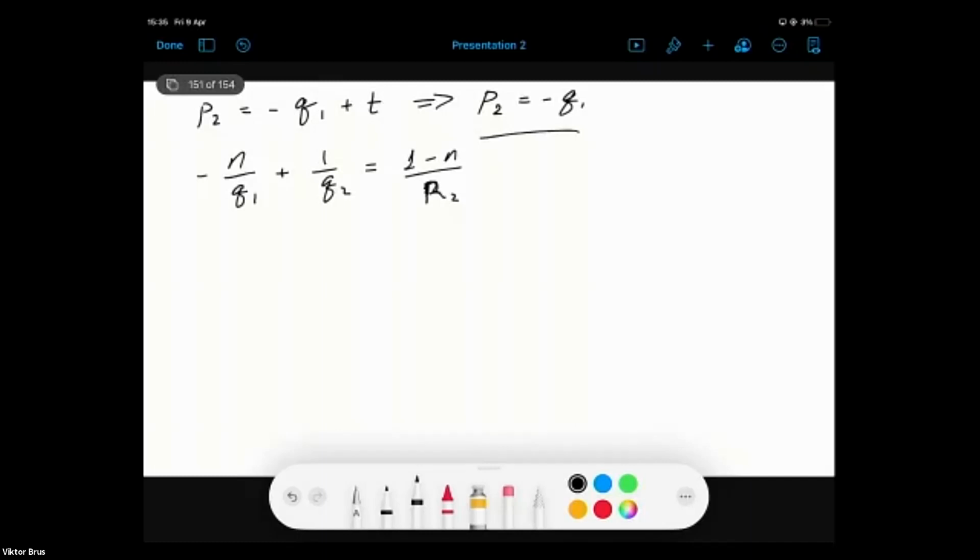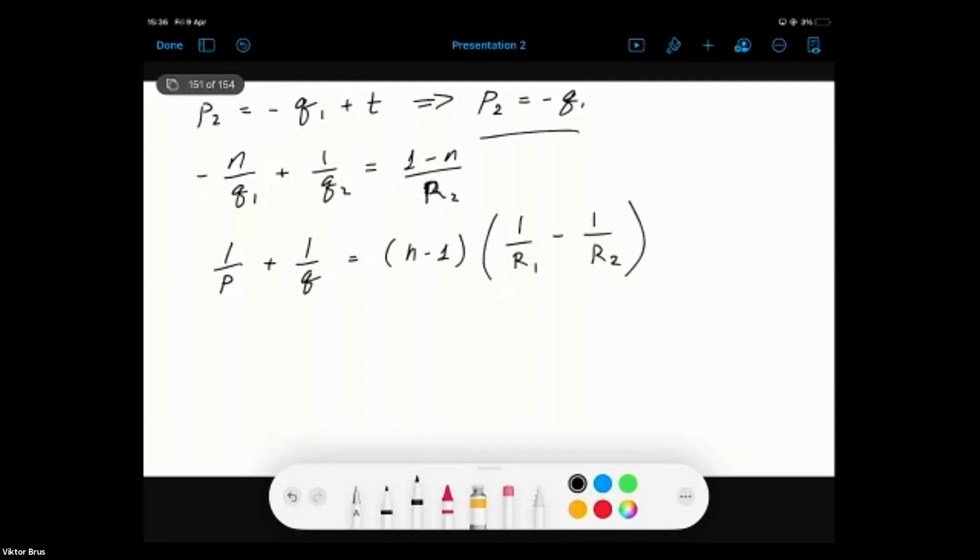So we consider image formation in a thin lens. In this case, we get 1 over P plus 1 over Q equal to N minus 1 times the quantity 1 over R1 minus 1 over R2.